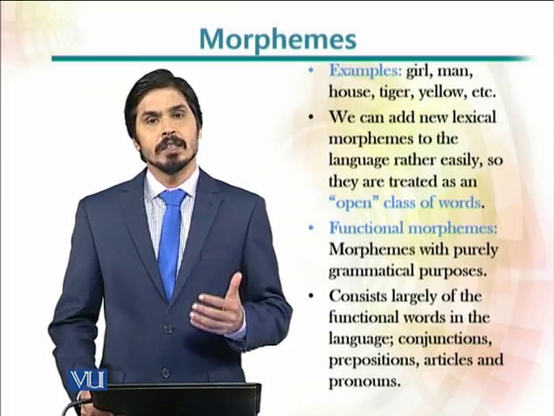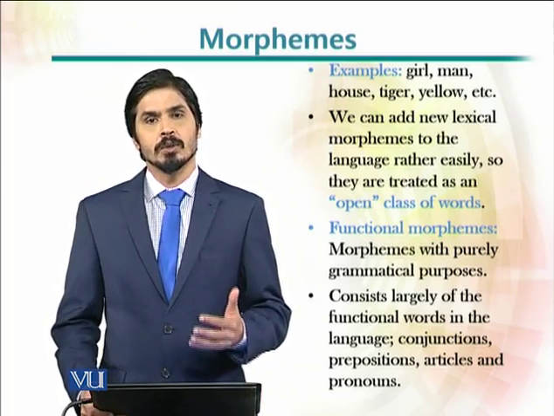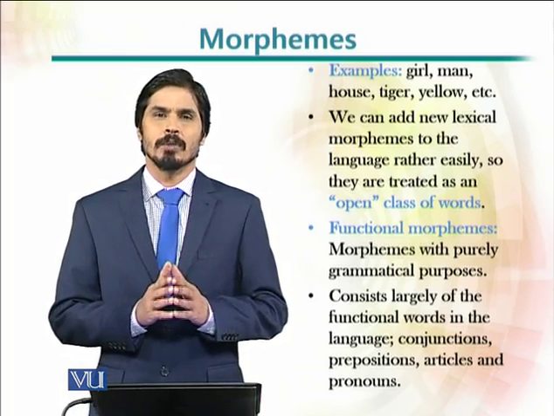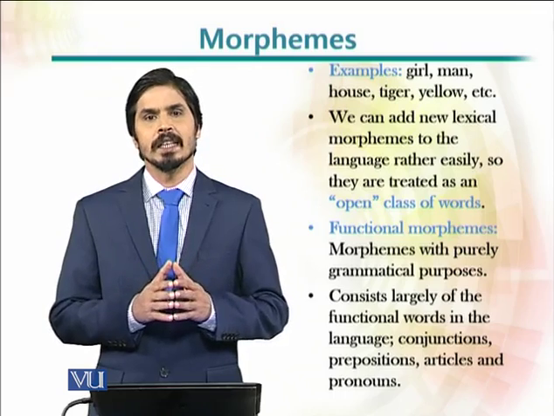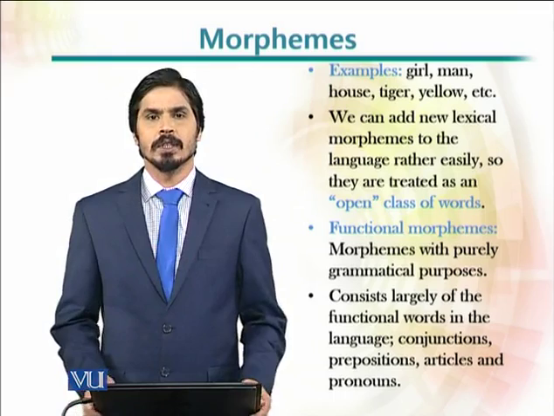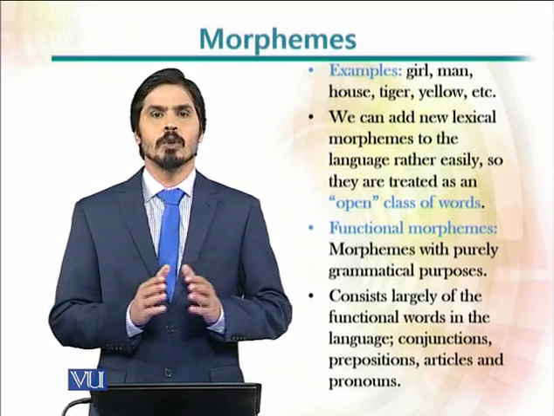We can always add new, and people keep on adding new lexical morphemes into a language, and they are probably the most easily and quickly formulated forms of morphemes in any language, and that's why we call them open class of words.